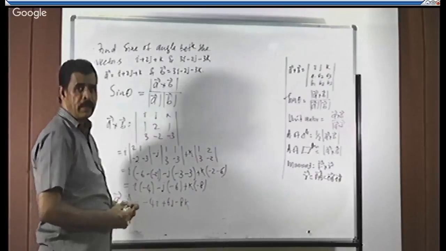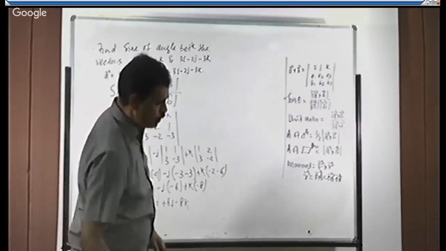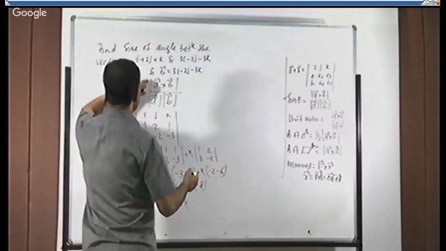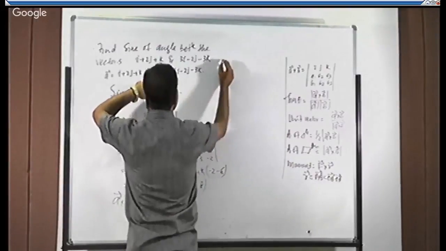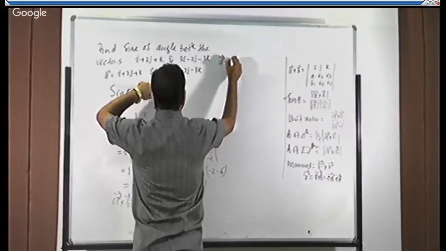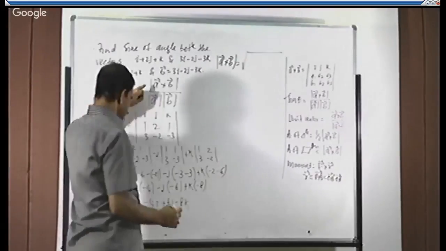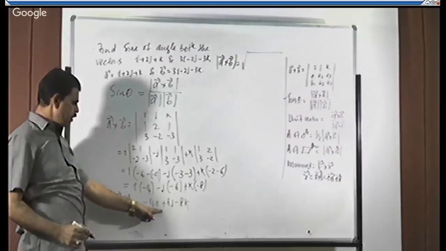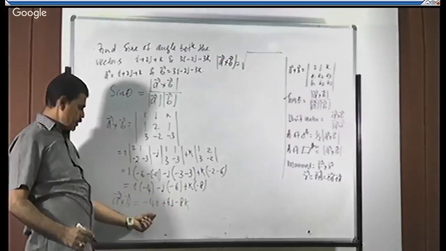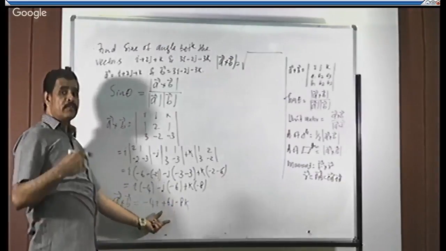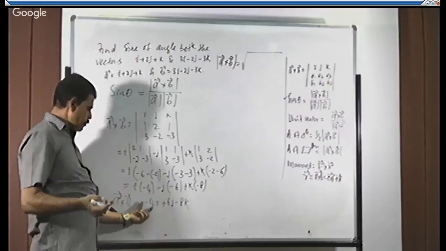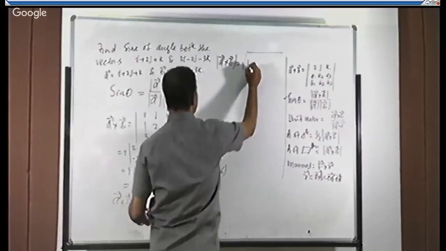This is A cross B, right? We need magnitude of A cross B. Therefore, magnitude of A cross B, which is minus 4i plus 6j minus 8k. Just take the numbers, square them and add it. Minus 4 square is what? 16.